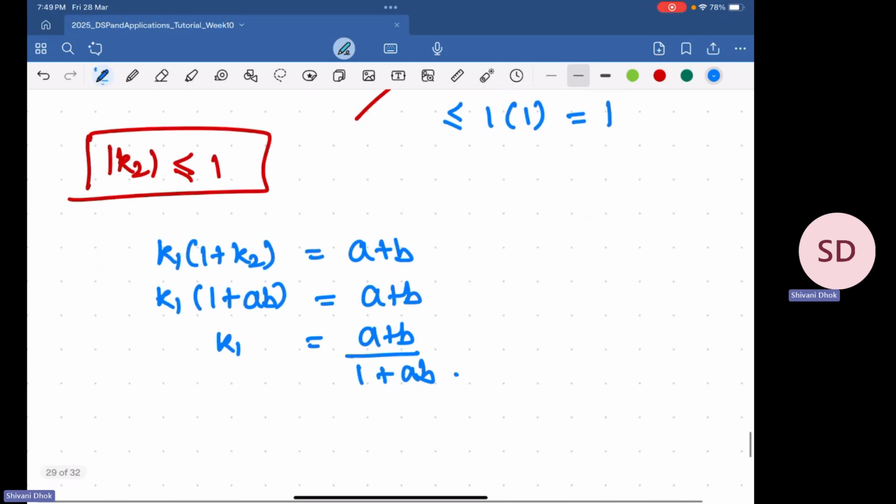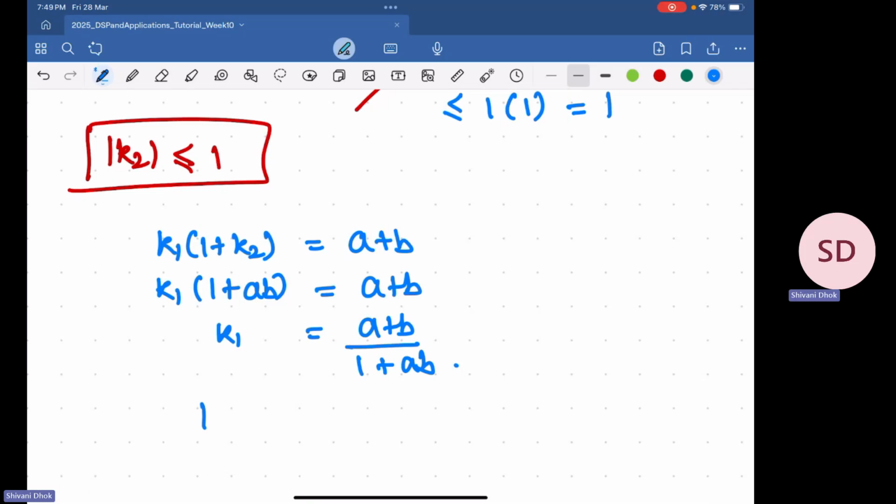Now by just simply visualizing these things, what we wanted to figure out was magnitude of k1, which is equal to magnitude of a plus b divided by magnitude of 1 plus ab. This we need to figure out.